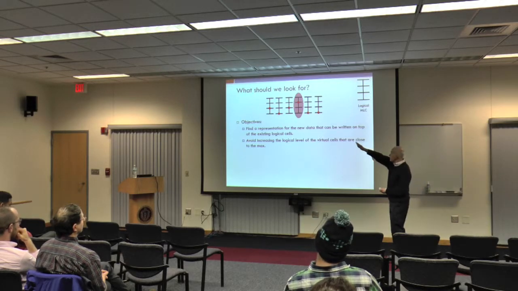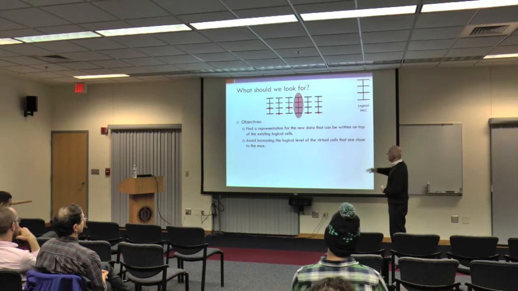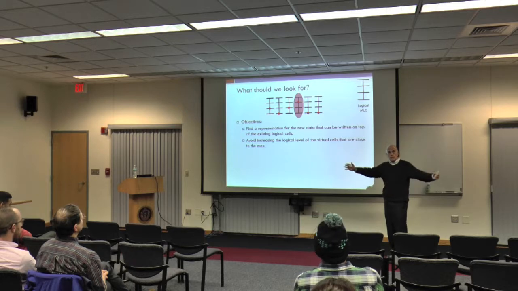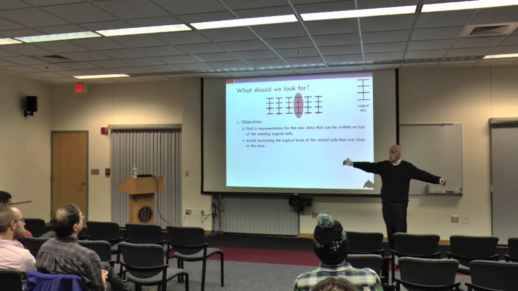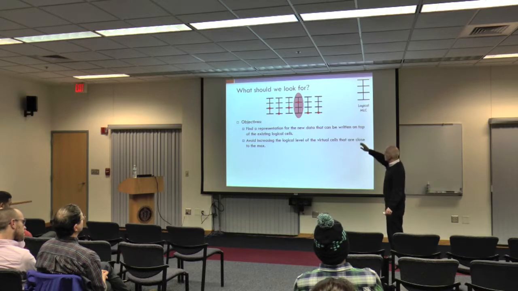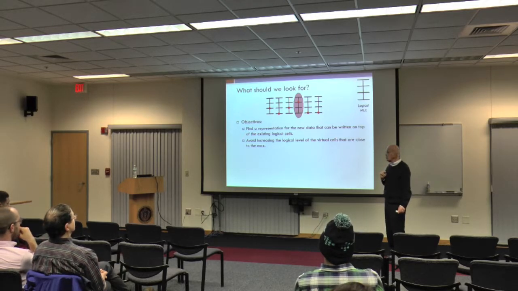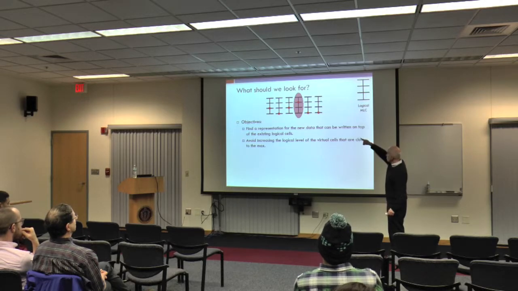So here, what we've shown at the top are levels of cells. This might be the memory as it is now, and now I've got some new information I want to write. Well, all things being equal, I'd like to increment as few cells as possible. The thing that I most want to avoid is incrementing that red cell.